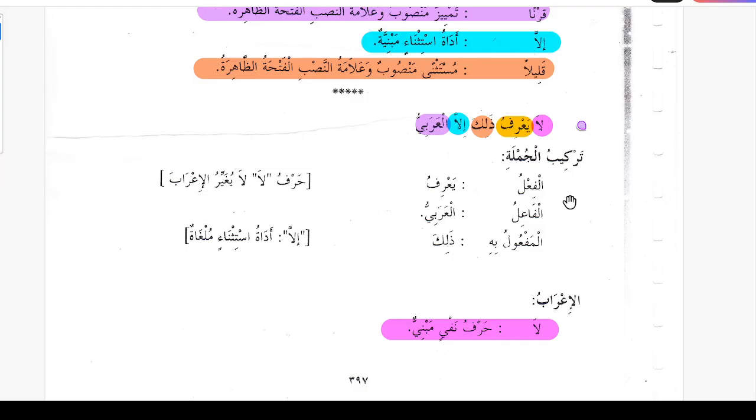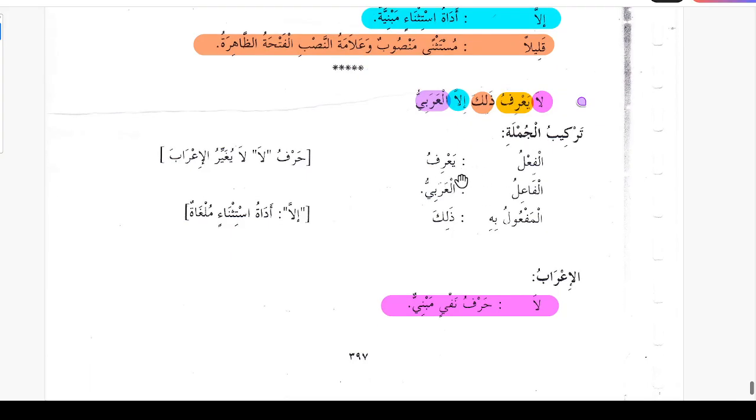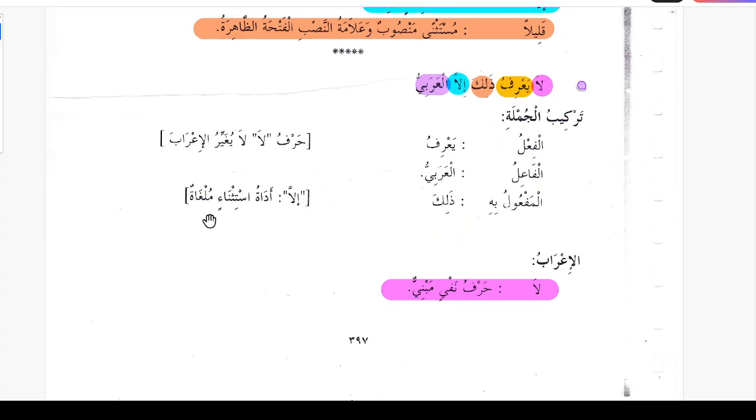So al-fi'lu, the verb, is yarifu, arafa yarifu, and harfu la yataghayyaru al-i'rab, the particle la does not change the i'rab. And the fa'il is arabiyu, zalika maf'ul bihi, illa is adatu istisna mulghatun. So this is the particle for istisna and is called mulghat, which cancels the negation.